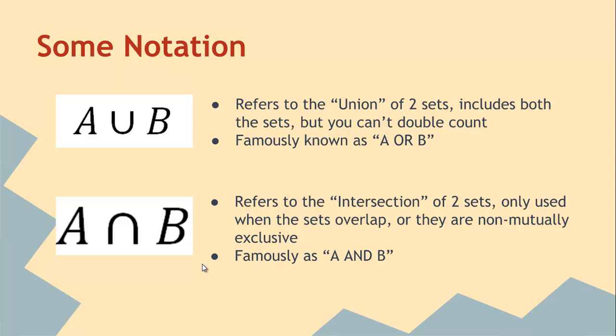If you see an upside-down U like this, we call it the intersection. You can remember that as you are in A and B, so you play both football and soccer. It's not an N, it's an upside down U, but it kind of looks like an N, and that helps with the word AND, or intersection.